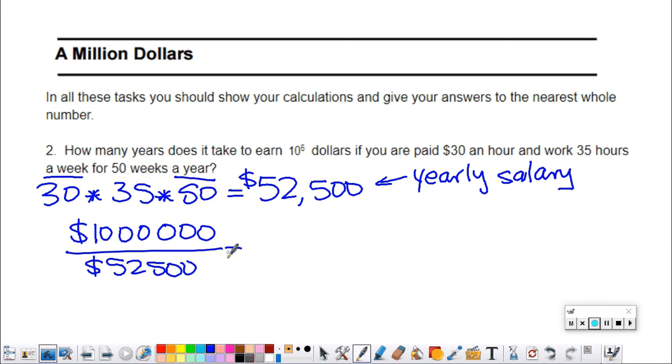Okay, what does that give you? 19.047 blah blah blah, right? Okay, I'm going to estimate that. 19.047 years. Okay, am I going to round up to 20 or down to 19?